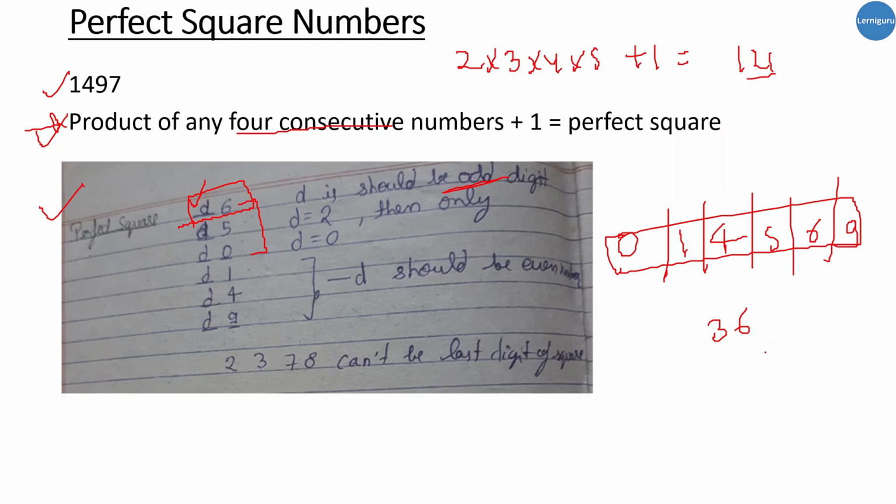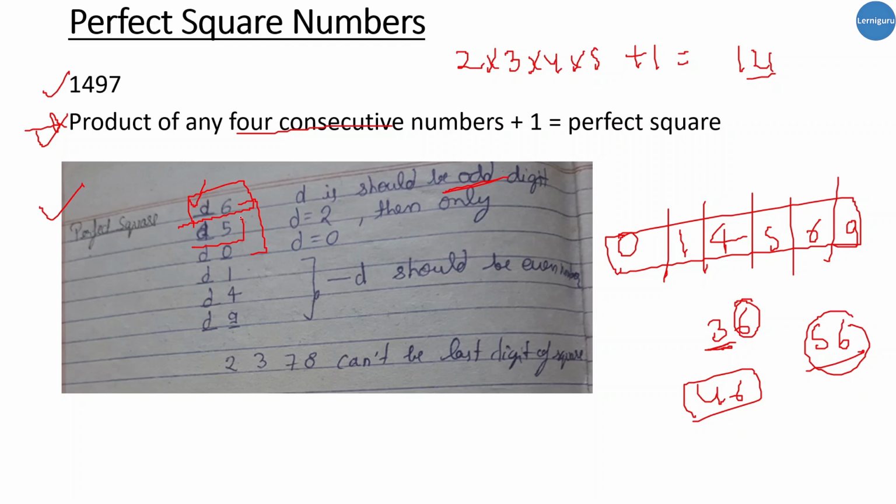And again, the vice versa is not true, like 56. 56 is not a perfect square number, right? If a number is ending with 6, then the tens place must be odd. Suppose 46, we can conclude that this is not a perfect square number. But if it is 56, we cannot conclude, but there is a probability that it may be a perfect square number.